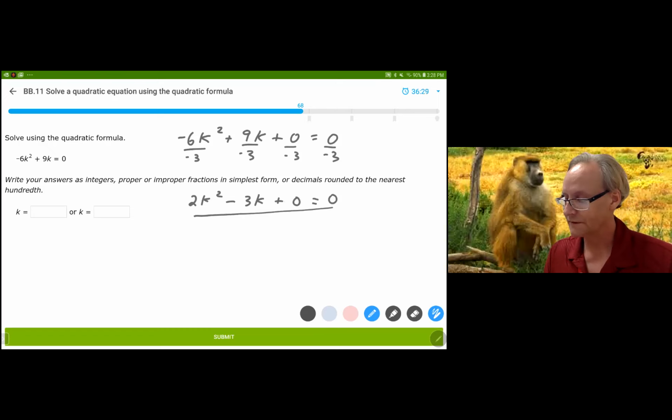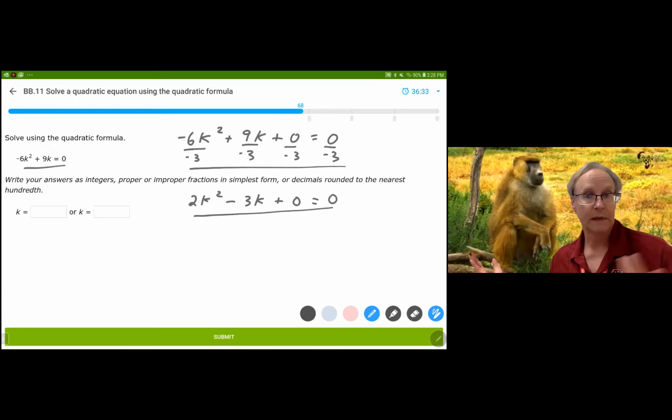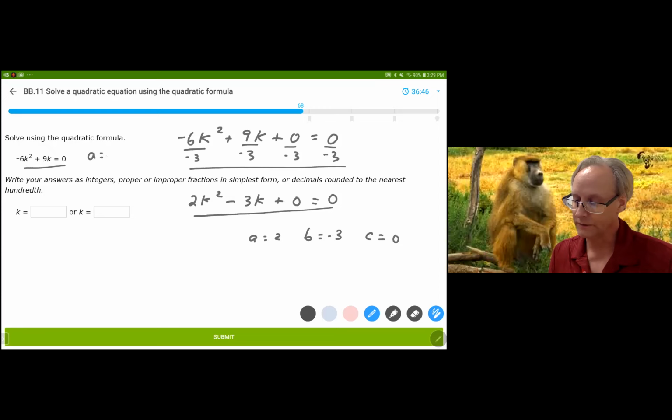Now, this and that one are all the same. So you can use a equals 2, b is negative 3, and c is 0. Or you could use a equals negative 6, b equals 9, and c equals 0.